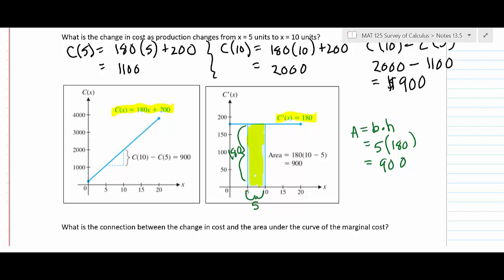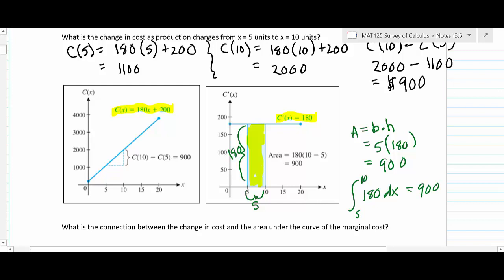That's what we're learning what that is, and that's how it relates to that. So when you do that antiderivative, you go back here, but the value of that definite integral is going to be that. So actually, and you want to write this down, if you do the integral of 180 dx from 5 to 10, you're going to end up getting 900.